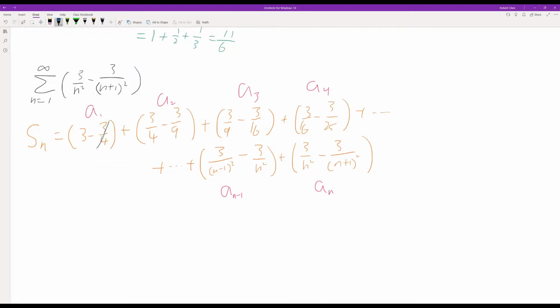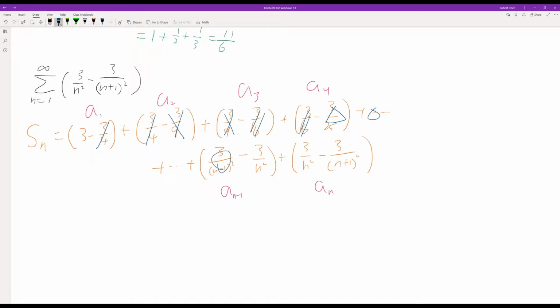So we have negative 3/4, positive 3/4, negative 3/9, positive 3/9. You can see that the adjacent terms are canceling each other out. Negative 3 over 16, positive 3 over 16, and then the negative 3/25 is going to cancel with the other one, and so on and so forth.